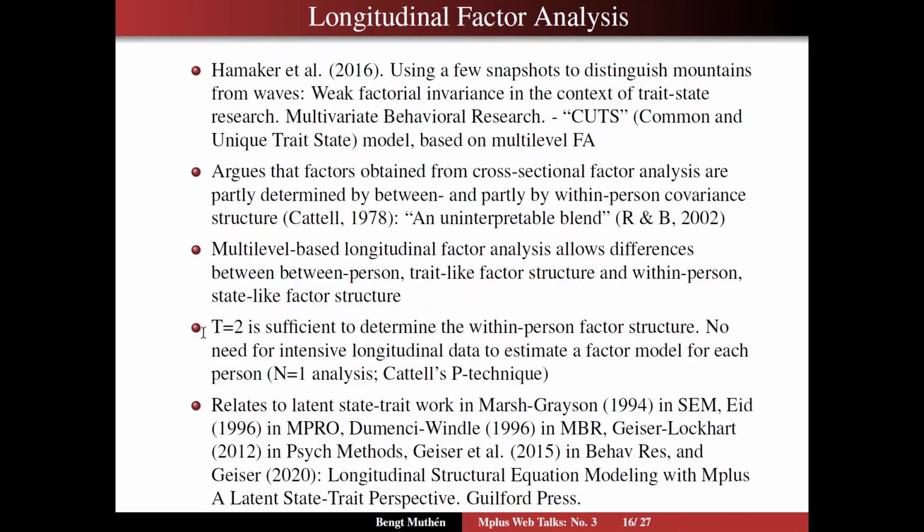You don't need the intensive longitudinal data to estimate a factor model for each person, the so-called n=1 analysis, or Cattell's P technique. And this relates to latent state trait work, which has a lot of articles, with the latest one in the series being Christian Geiser's 2020 book on longitudinal structural equation modeling from a latent state trait perspective.